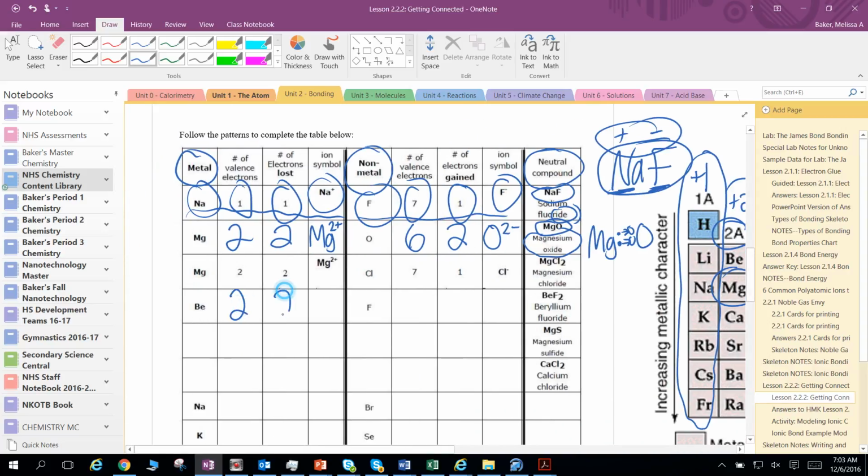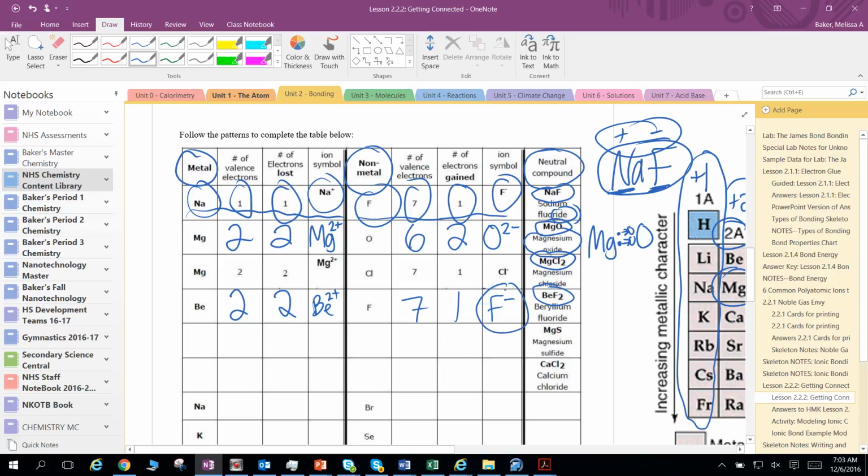Beryllium is also in group 2A, so it wants to lose those 2 electrons and form a +2 charge. Fluorine has 7. It wants to gain 1 and form that F-. So now this is a little different here, and so is the one above it.